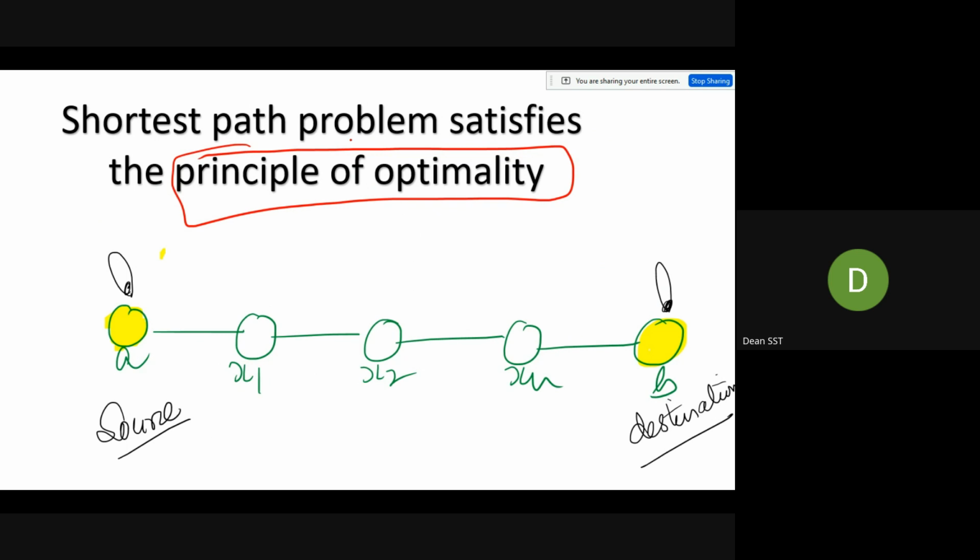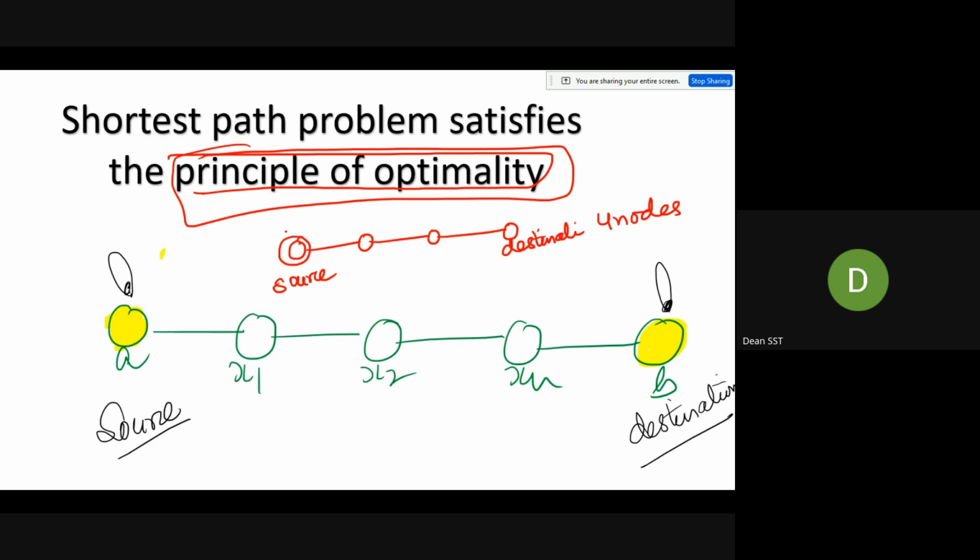So we need to have a shortest path problem, and we are defining the principle of optimality, what it states. Suppose this is a graph with 1, 2, 3, and 4, so we have 4 nodes, and we have to move from source to destination.